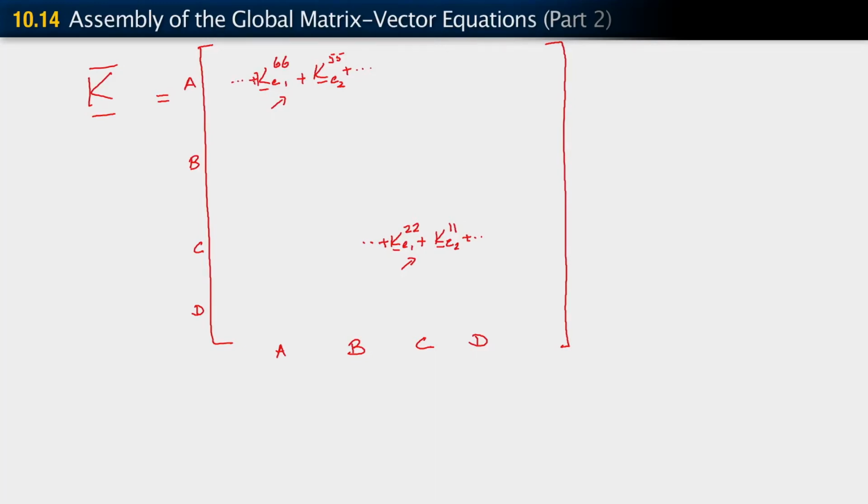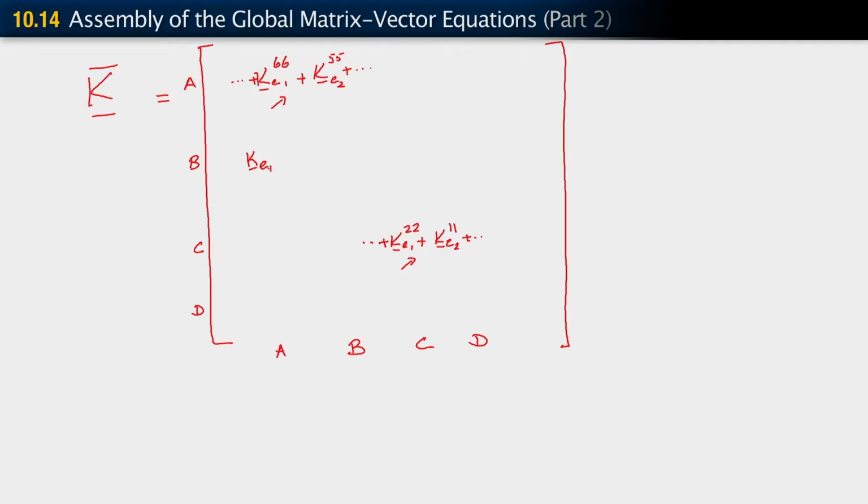Now let's look at what happens with maybe the AB combination of global nodes. If we look at AB, what we observe is that the contribution from element E1 will be from the matrix KE1.